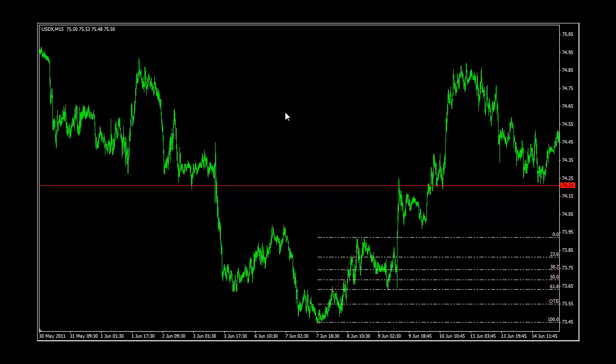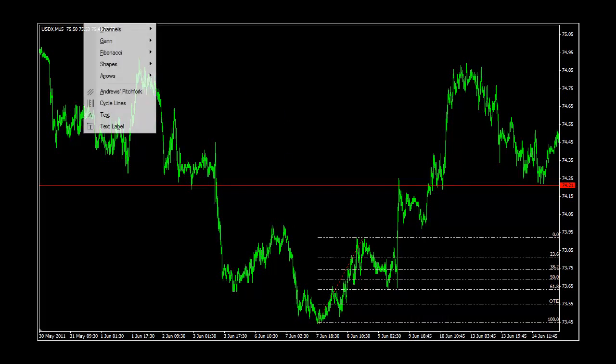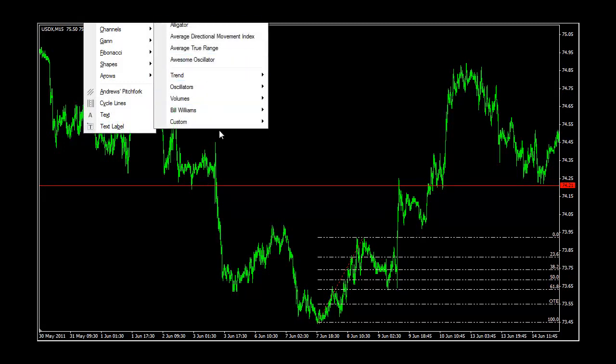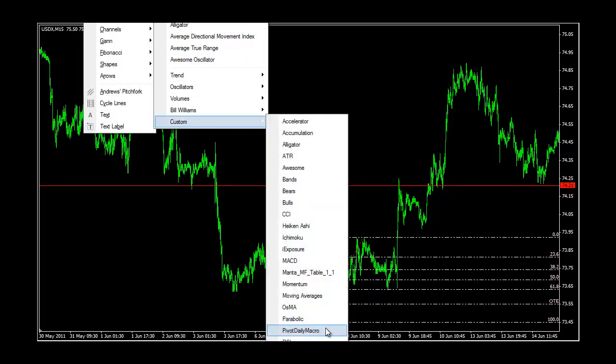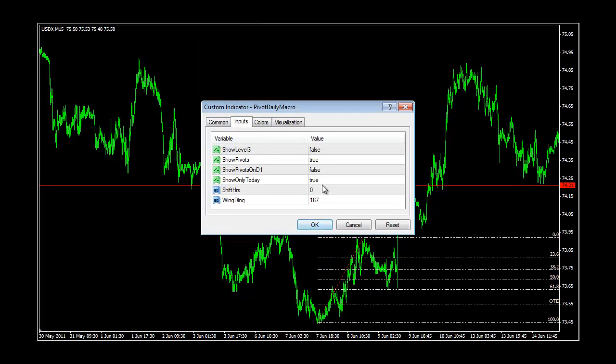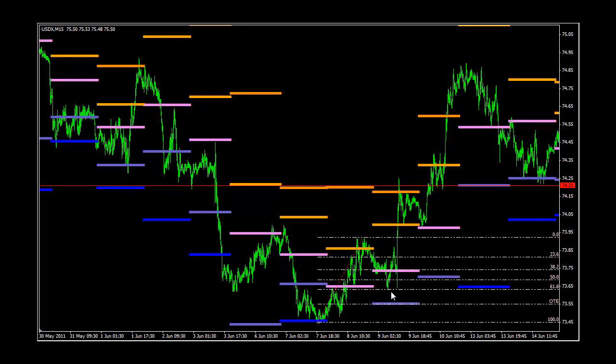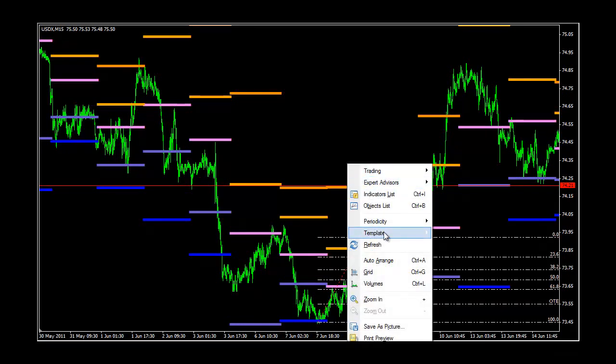And let's just, for completeness' sake, throw some fibs on. And we have a mid pivot level in here using GMT pivots for that day.